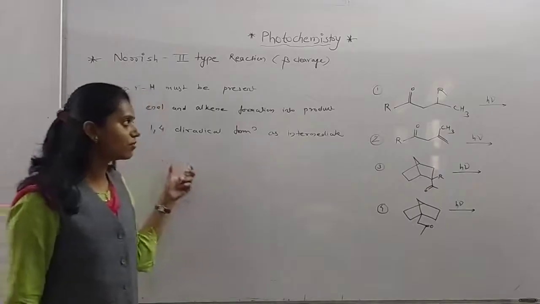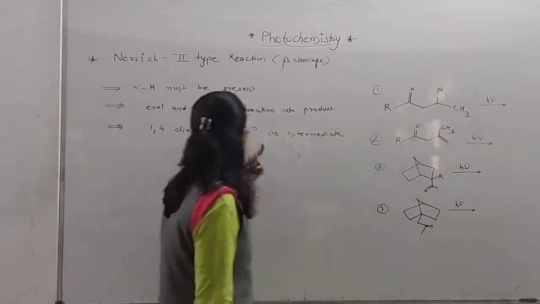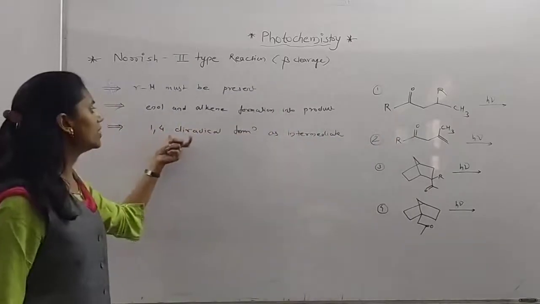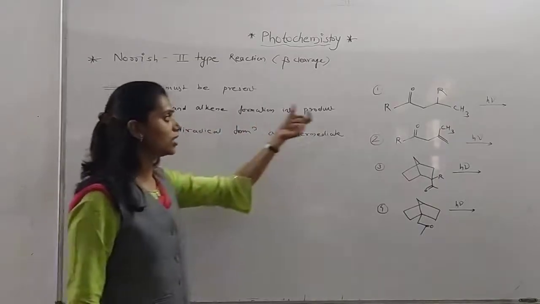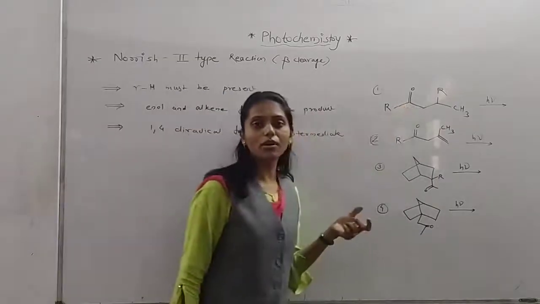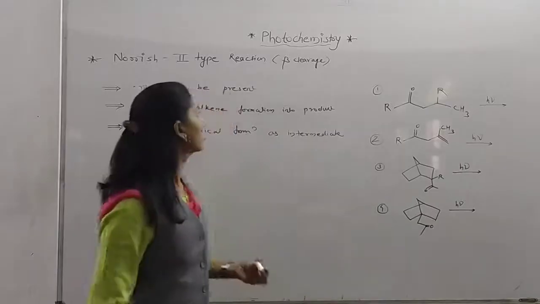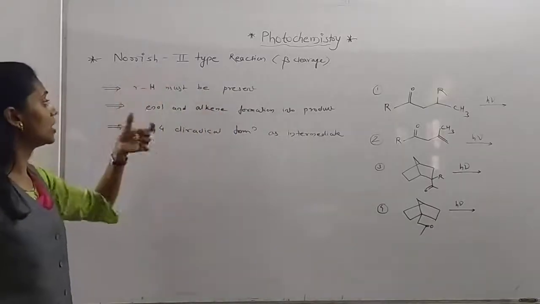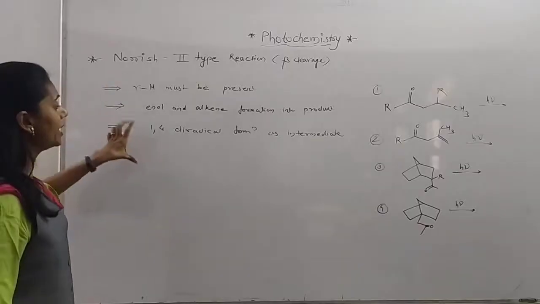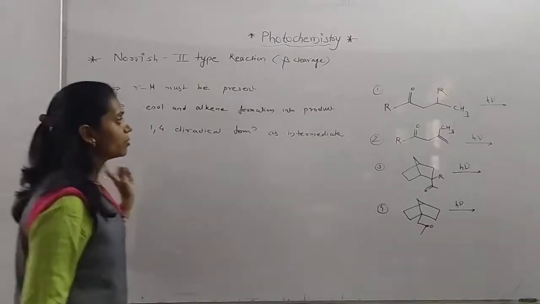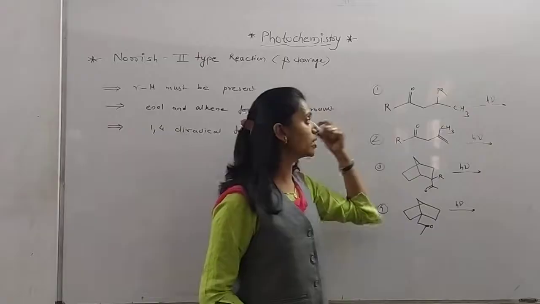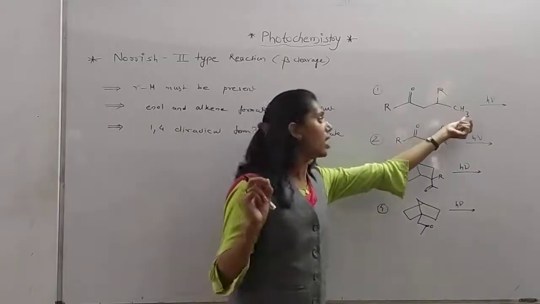That means when we perform a Norrish type 2 reaction, there is formation of a 1,4-diradical intermediate from the substrate. So we will go through examples for understanding this reaction, and these are the main important points. The first and most important point is that the gamma hydrogen atom must be present.